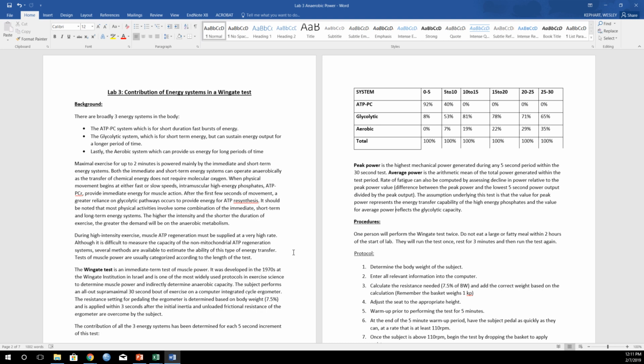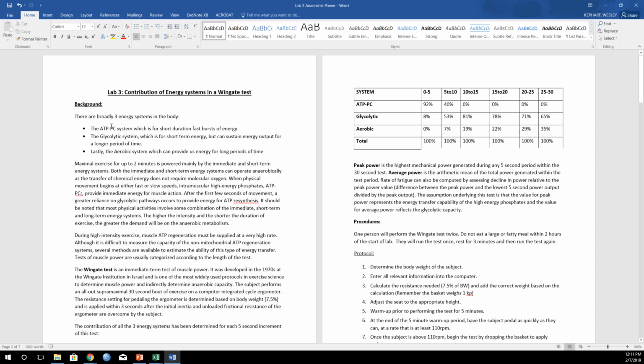And if we haven't, all you really need to know is that we have three different systems for making adenosine triphosphate, or ATP. So this first one being ATP-PC, that stands for phosphocreatine. If you've ever heard of creatine or creatine monohydrate, that's a supplement that might have something to do with this.